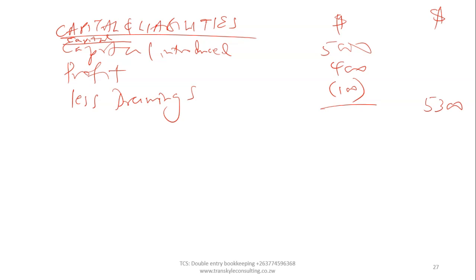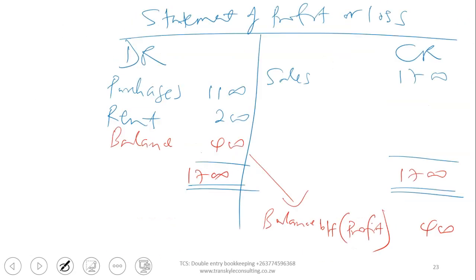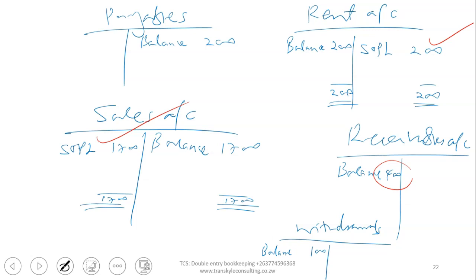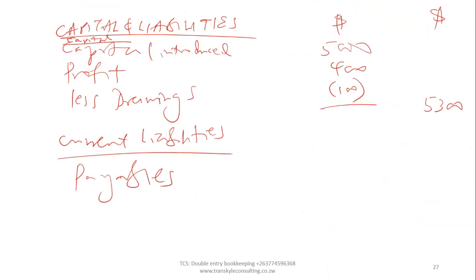Then let us now talk of current liabilities. There were no issues to do with long-term liabilities, but current liabilities. We are told of the payables. If you come back here, there were some payables of $200. So the payables were worth $200.